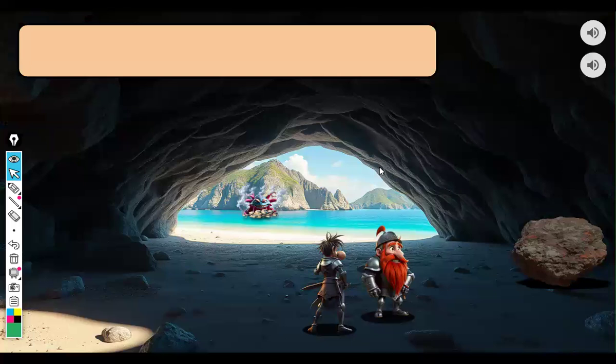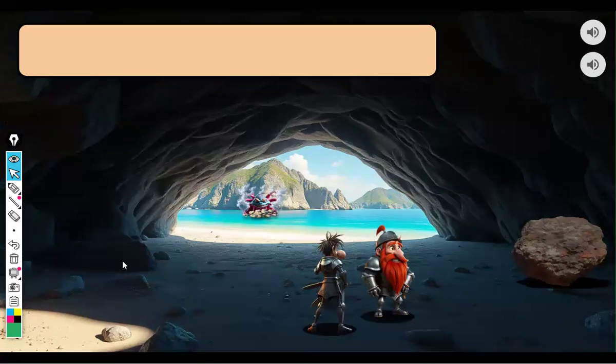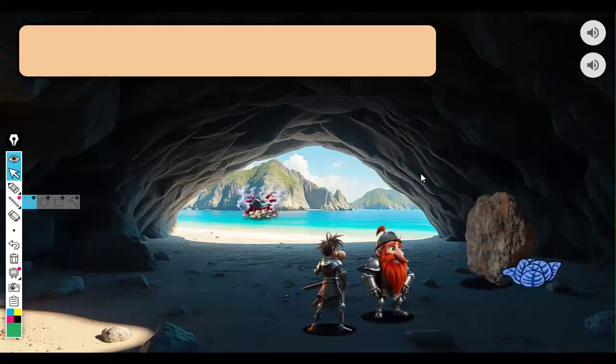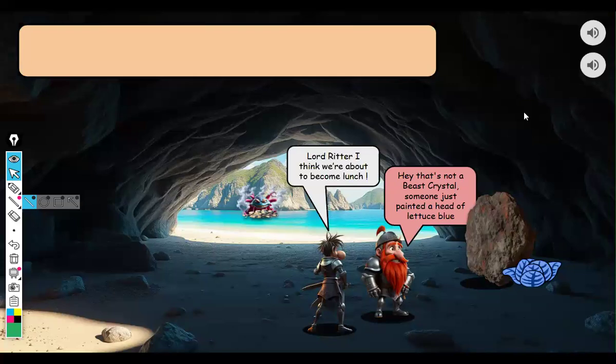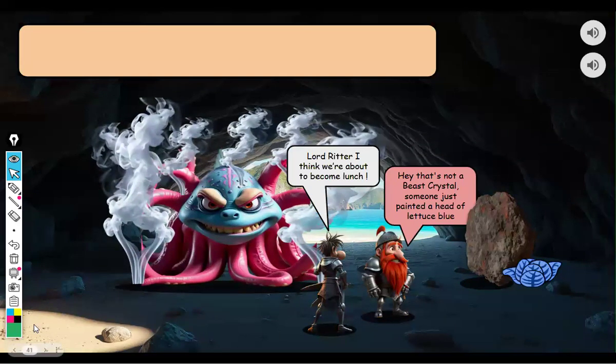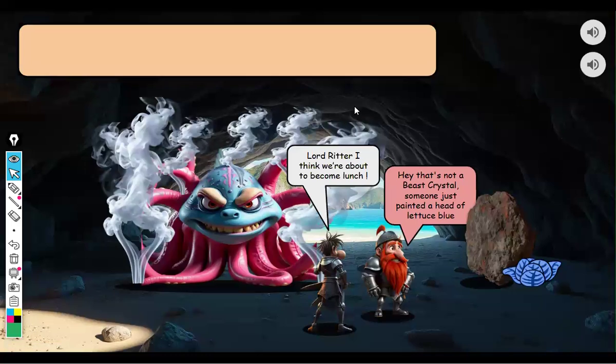All right. Let's see what's going on here. Well, they go into the cave hoping to see the crystal, right? And there's the Krogmat in the background there. And they move the rock and they don't see a crystal. No surprise there. So apparently the monster just took some lettuce and he painted it blue to trick them, right? And that's the Krogmati. After he comes into the cave and traps them in the cave there, things don't look too good there.